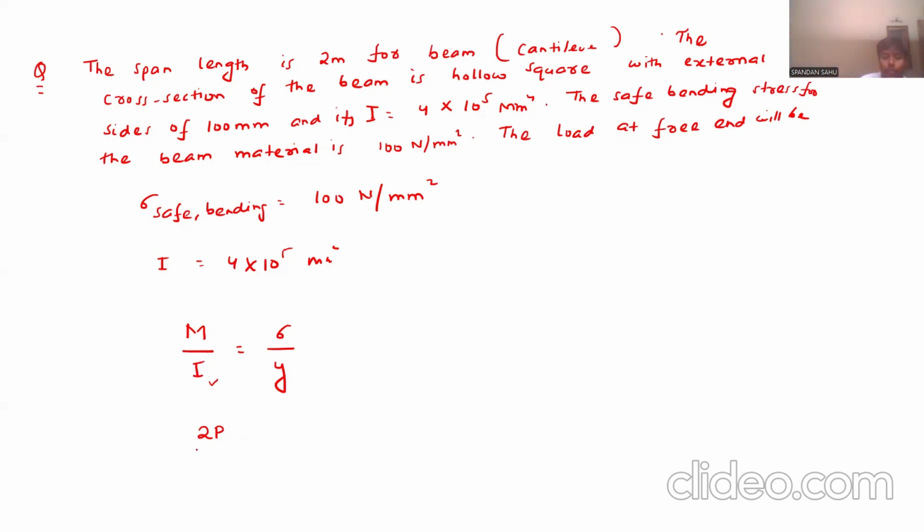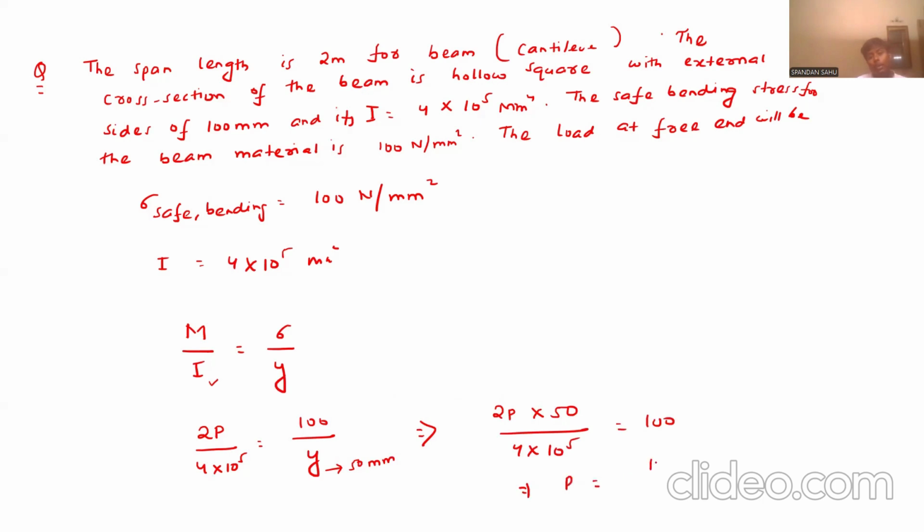So 2P by I, which is 4 into 10 power 5, equals sigma by Y. And Y will be how much? Y will be 50 mm because it is square. So 2P into 50 by 4 into 10 power 5 equals 100. So from here, P will be 100 into 4 into 10 power 5 by 2 into 50.